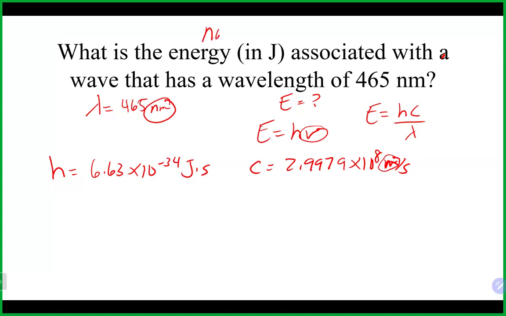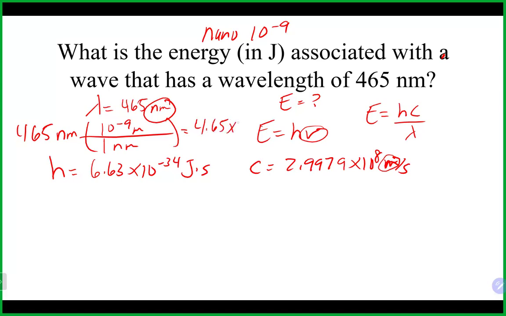Nano being our 10 to the minus 9. Taking our nanometers and converting it into meters, 1 nanometer is 10 to the minus 9 meters. That gets us there. It'd be 4.65 times 10 to the minus 7 meters.